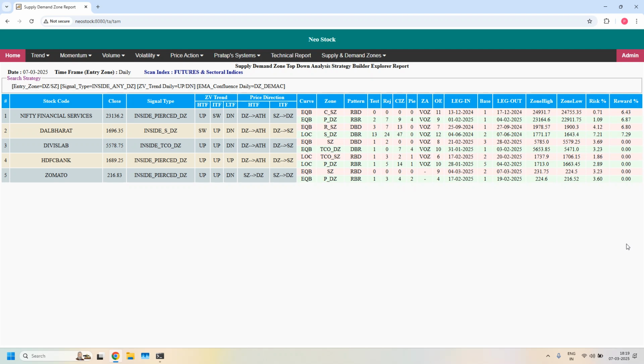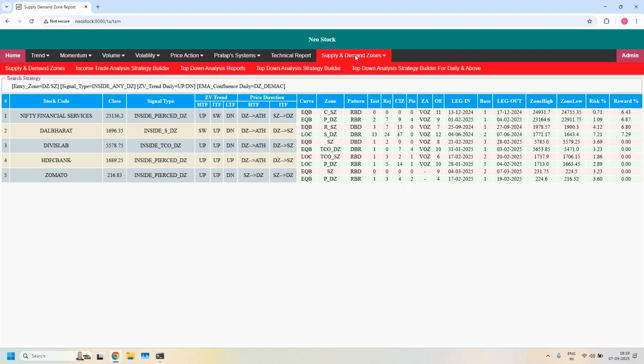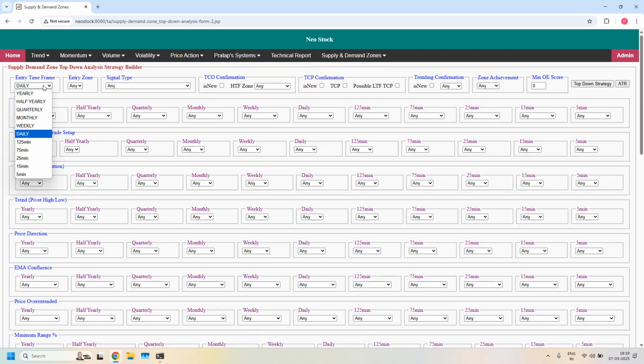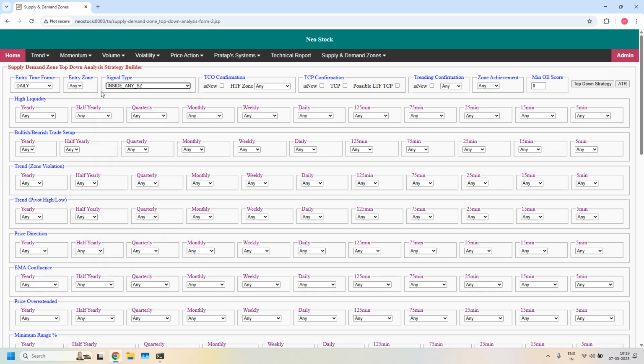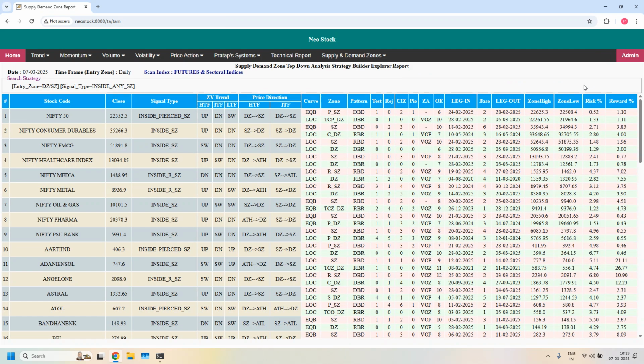Okay. Next, we will look into price closed inside daily supply zone. For daily time frame, let us find the stocks where price closed inside daily supply zone. So we got a big list. First 15 stocks in the list. Oh, NIFTY is also inside a pierced supply zone.